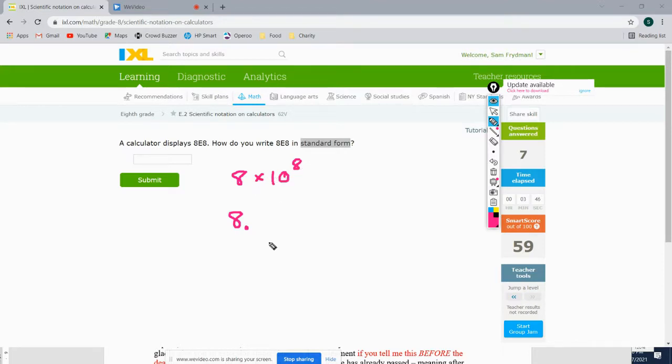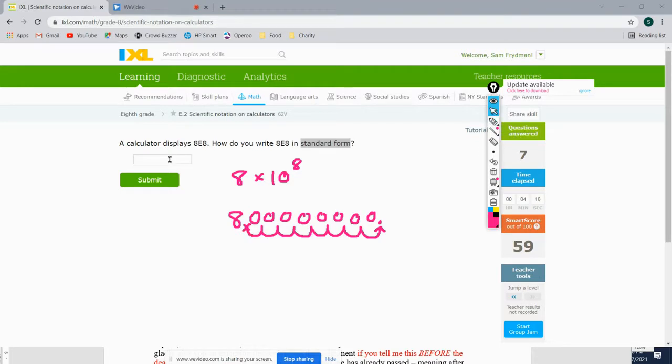For times 10 to the 8th, we would just take that decimal point and move it 8 spaces to the right. So 1, 2, 3, 4, 5, 6, 7, 8. The new decimal point would be over here. So we would get an 8 with 8 zeros after it. Keep in mind that the decimal point is now here. It is not here anymore.